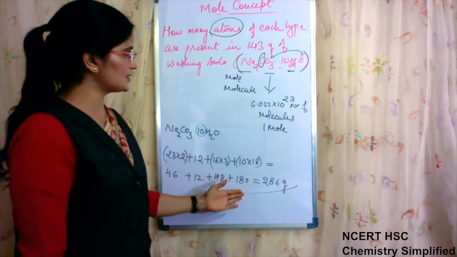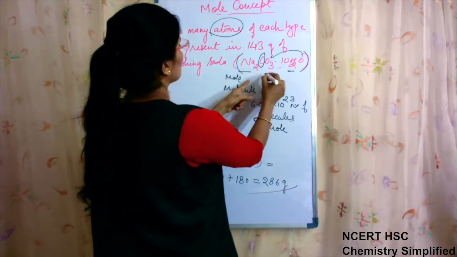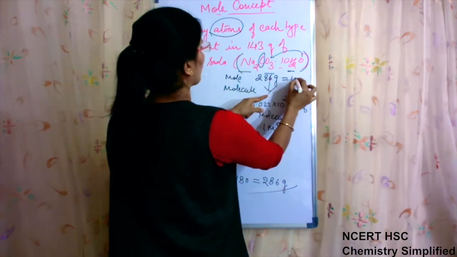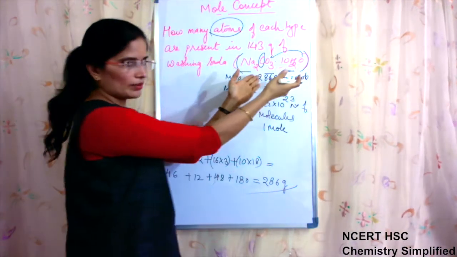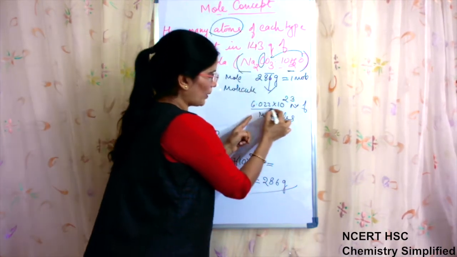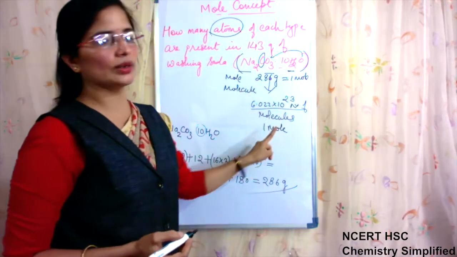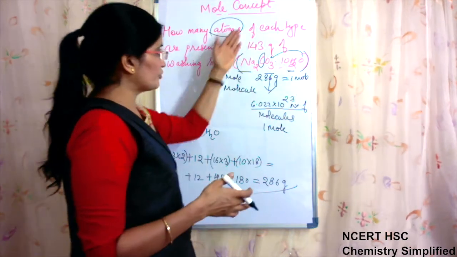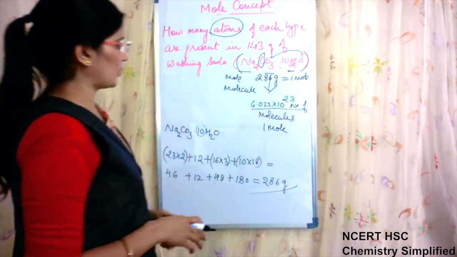And now we can say that the mass of this is 286 grams, which is equal to 1 mole of this, because it is 1 mole, and these 286 grams contain how many atoms? Avogadro number of atoms. This is the deduction we have made from reading all that is written.